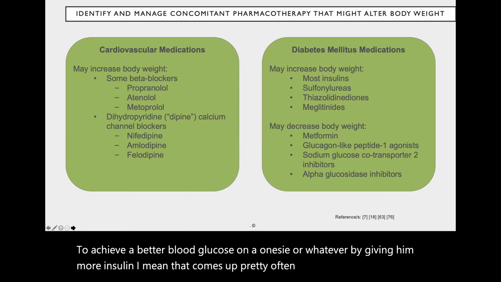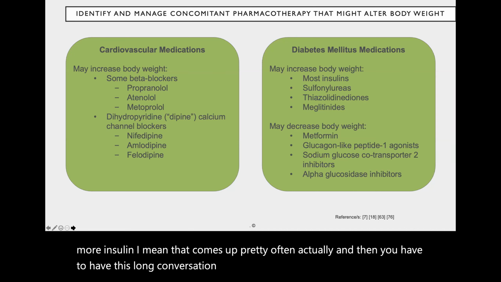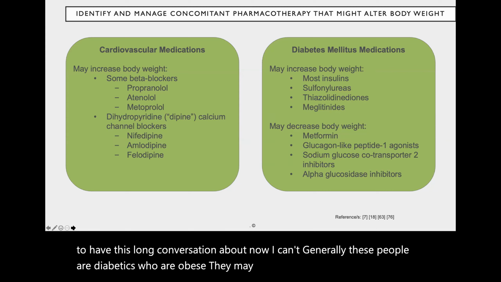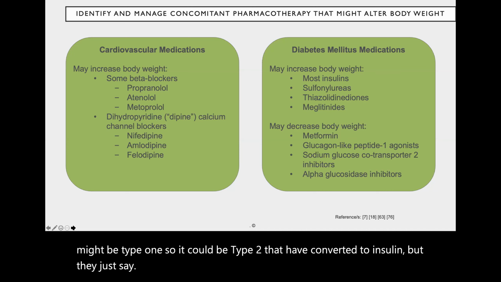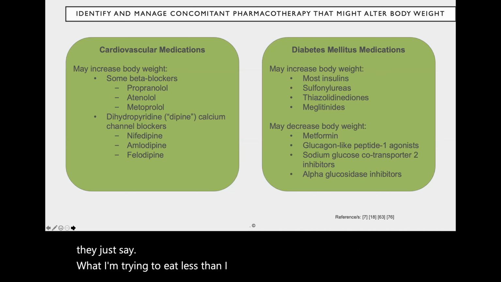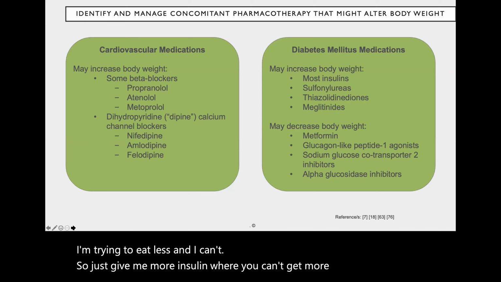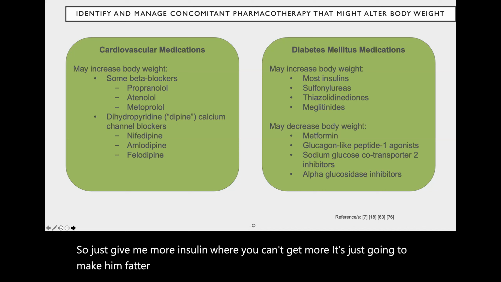And then you have to have this long conversation about, no, I can't. Generally, these people are diabetics who are obese. They may not be type 2, they might be type 1s. It could be type 2s that have converted to insulin. But they just say, well, I'm trying to eat less and I can't. So just give me more insulin. Well, you can't give them more insulin. It's just going to make them fatter. So this is a conversation that you just keep having to work with.